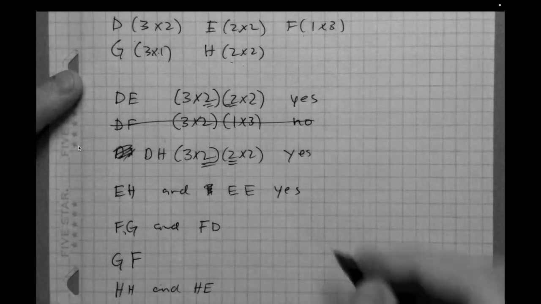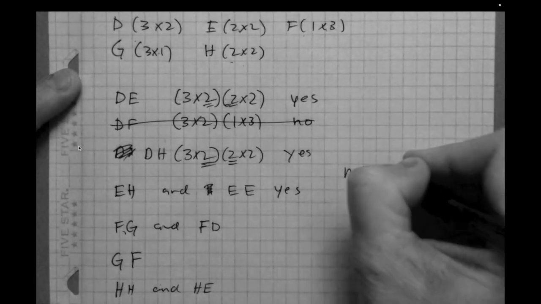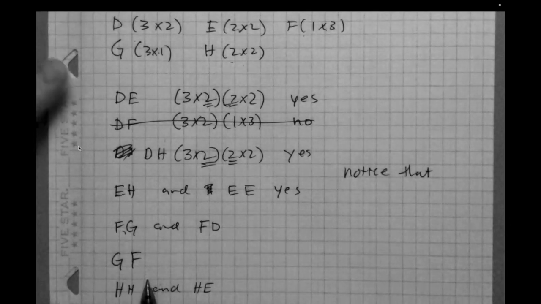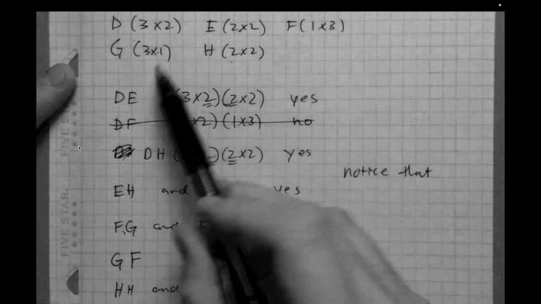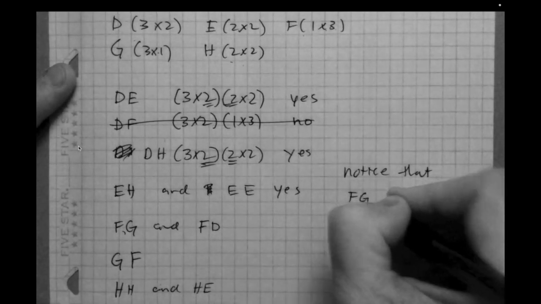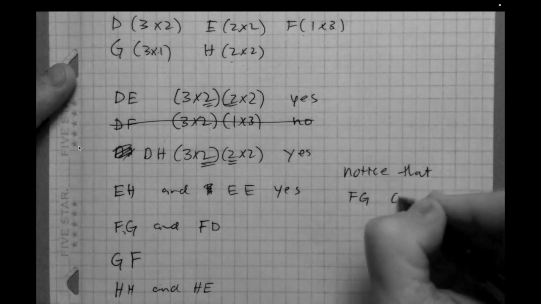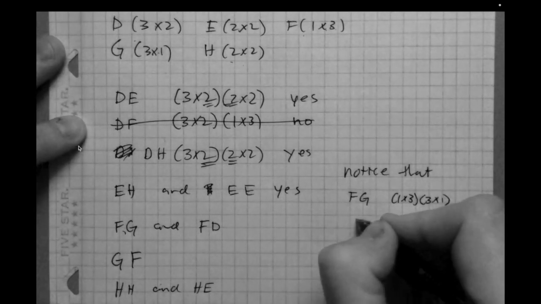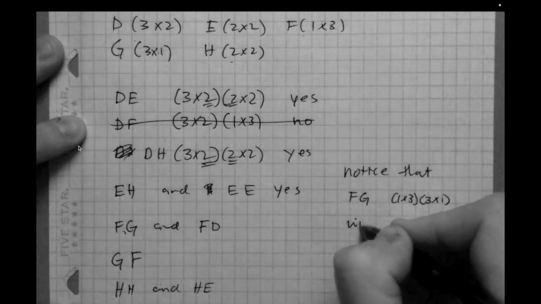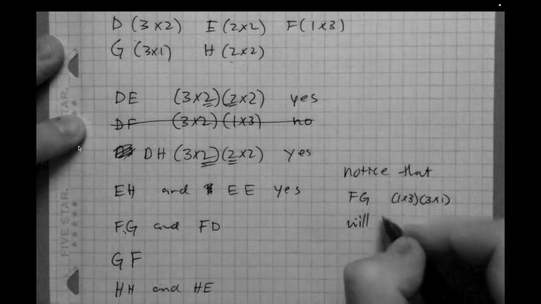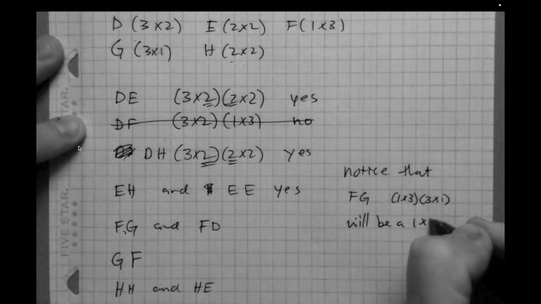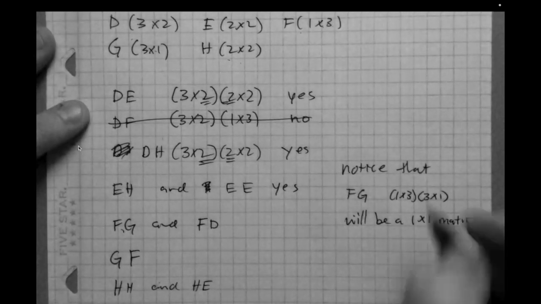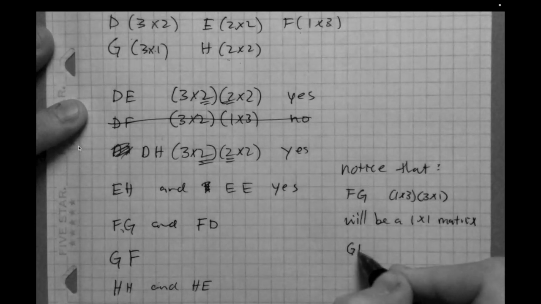Now notice something here. If I take F times G, that's a 1 by 3 multiplied against the 3 by 1. Then FG is going to be a 1 by 1 matrix. What about GF?